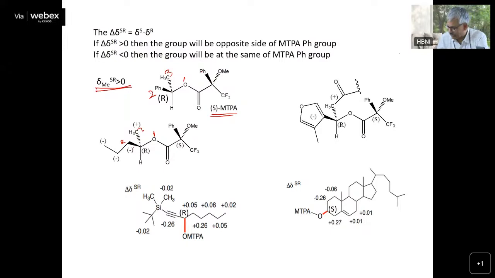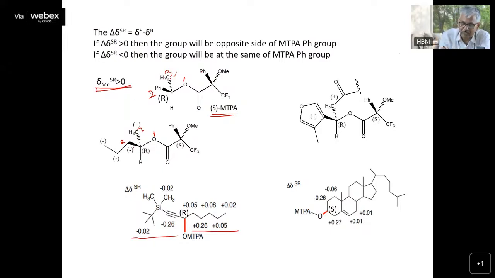Okay. So this is the way it should be. Now similarly, you can see for this also. So now for this, this side is plus, this side is minus delta SR. So that means if you draw in this scheme, all these groups will be below, and these groups will be above.